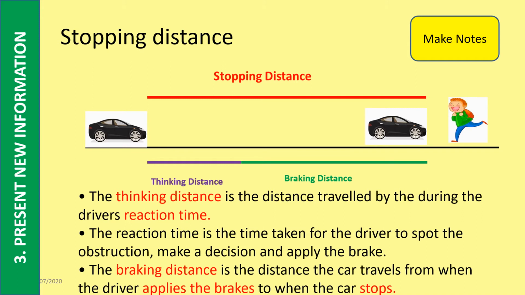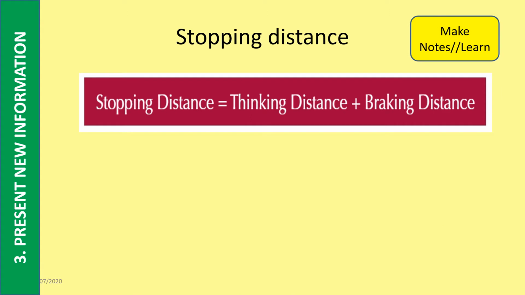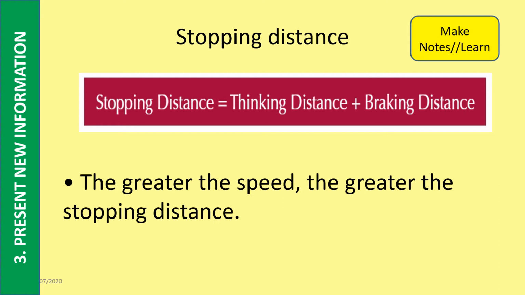So now you can see the stopping distance is made up of the thinking distance and the braking distance. Normally we write it as a formula, as given here: the stopping distance is equal to the thinking distance plus the braking distance. And a key point to remember from this stage is that the greater the speed, the greater the stopping distance is going to be.